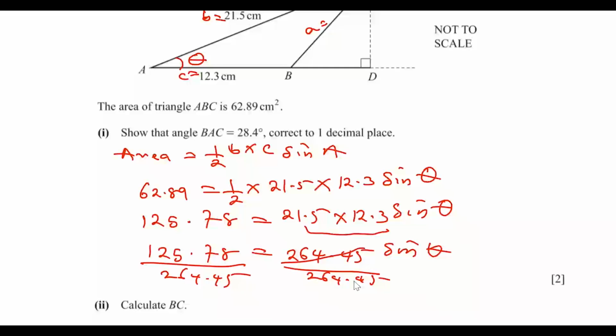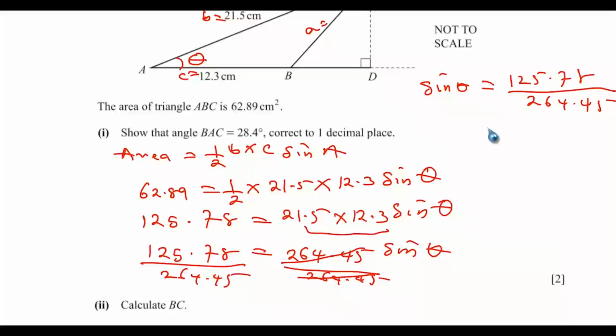So this will cancel out this, then you are left with sine theta. Sine theta equals 125.78 divided by 264.45.